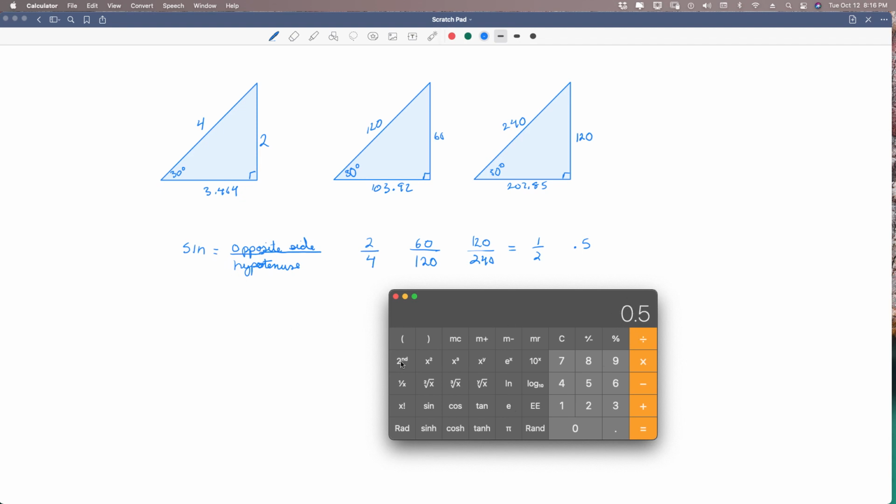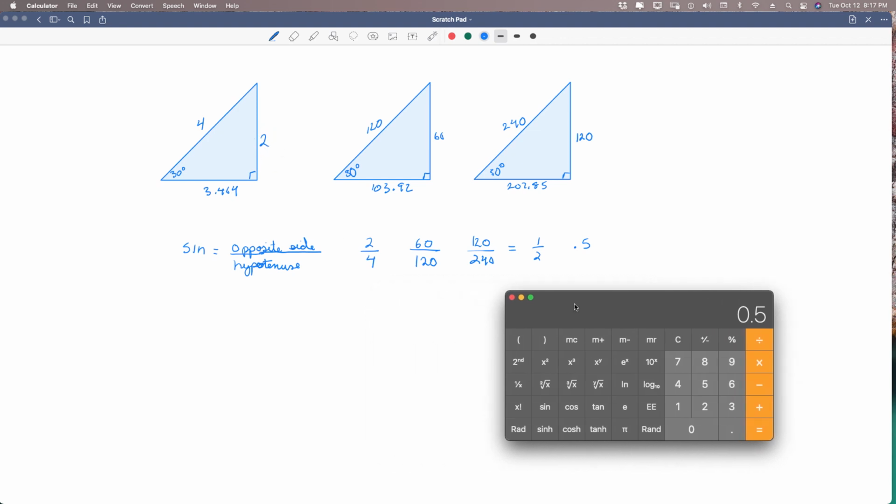So I can type in the degree of an angle, and if I click sine, it will tell me the ratio in a decimal form of the opposite side divided by the hypotenuse. So it's very handy when you have the measurement of the hypotenuse, but not the measurement of the opposite side.